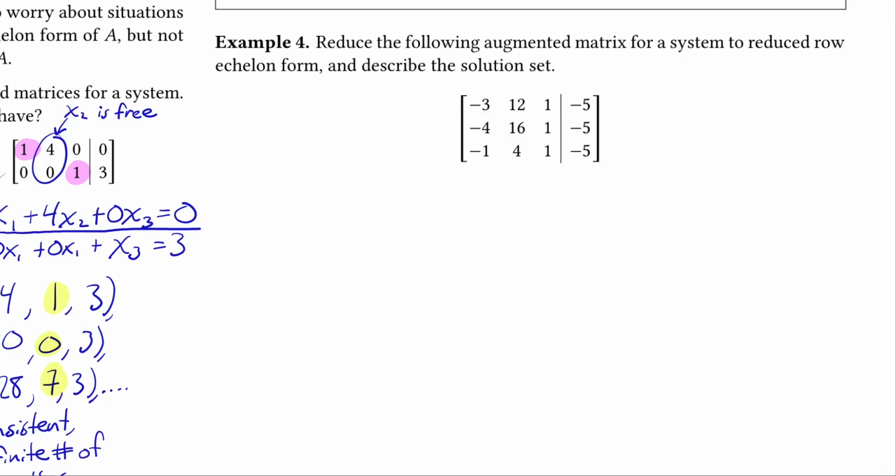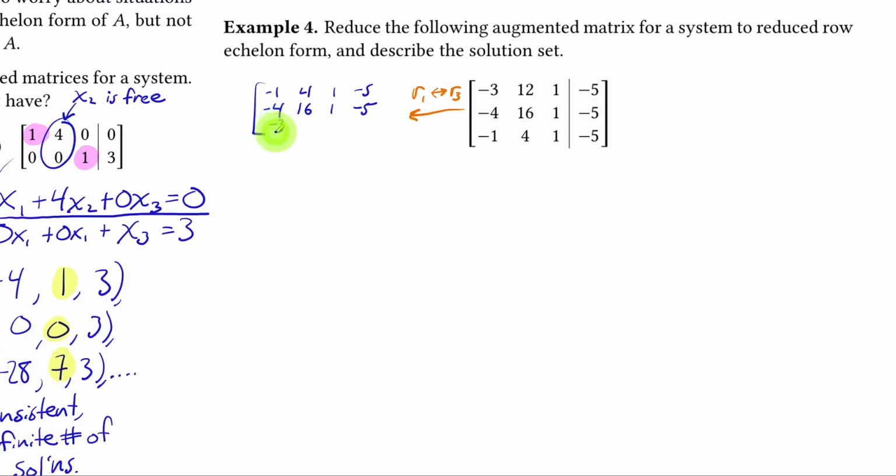So instead we can swap row 1 and row 2 to get that negative 1 in that first position and avoid the fractions. Now there's a negative 1 in that top row.